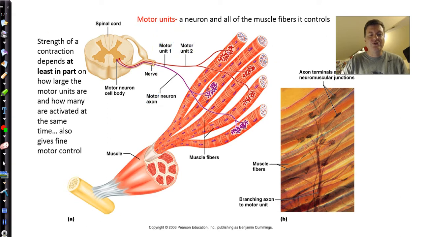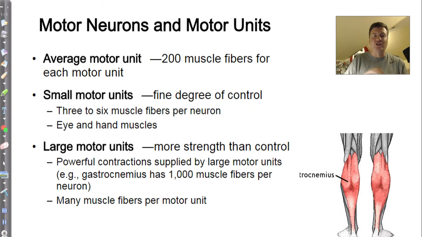But then consider this relationship. What's the relationship between the number of muscle fibers and coordination or fine movement, fine control? The average motor unit, as you see here, has about 200 muscle fibers per neuron, per motor unit. Think about a large muscle first.